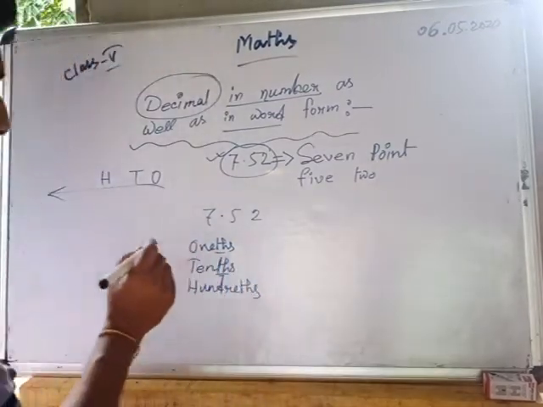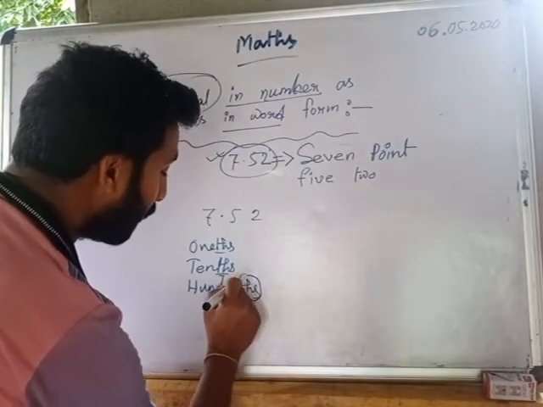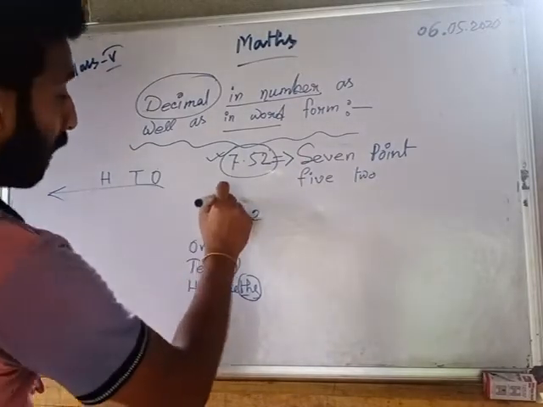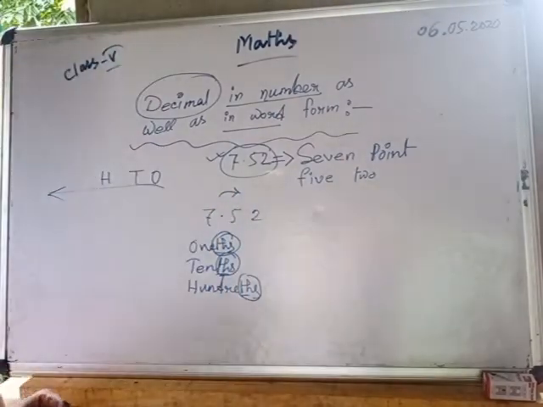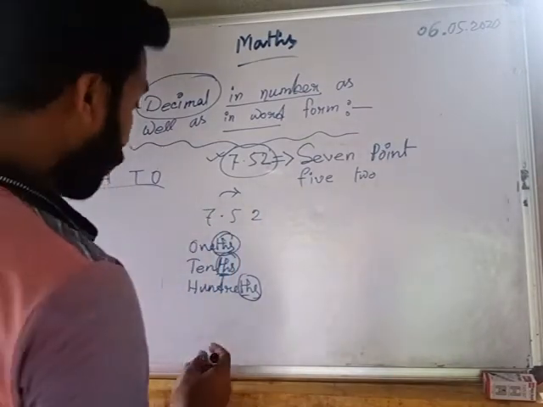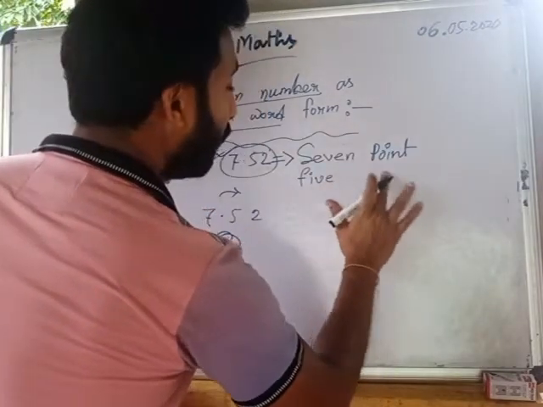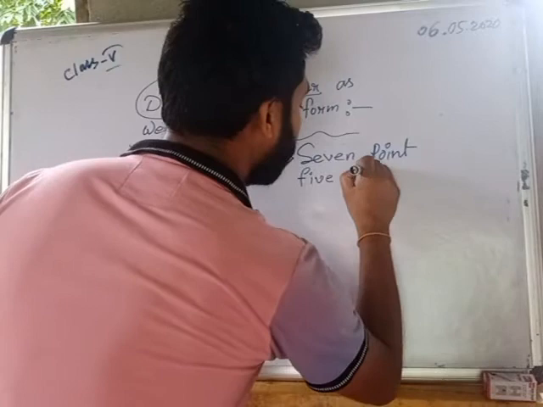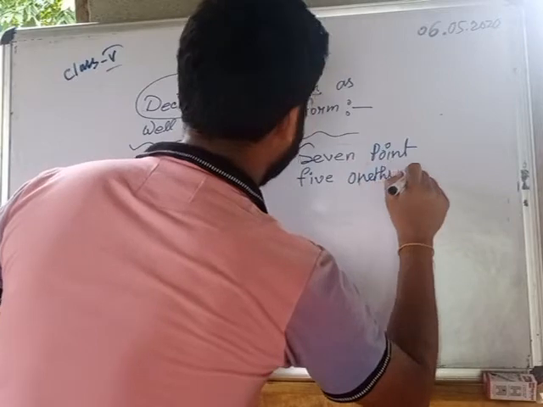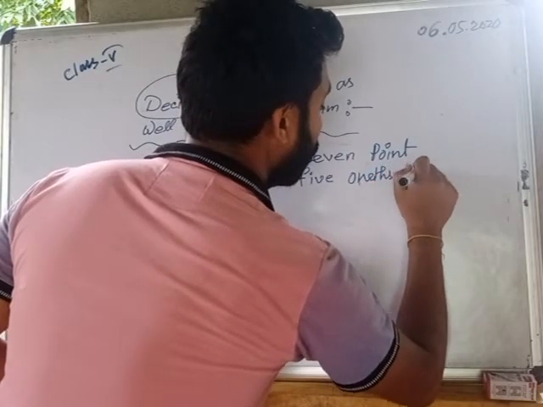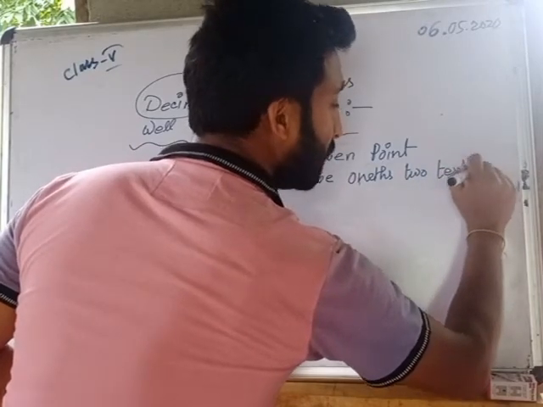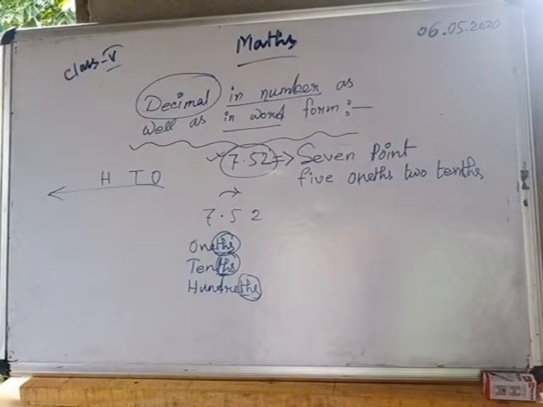That means you should add ths, ths, ths when it is after the decimal or after the point. So we should write here 5 ones and 2 tenths.